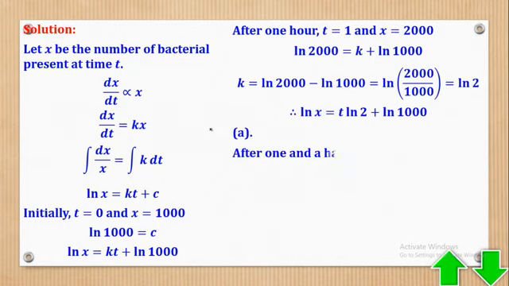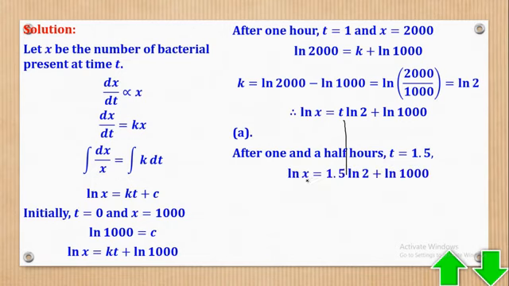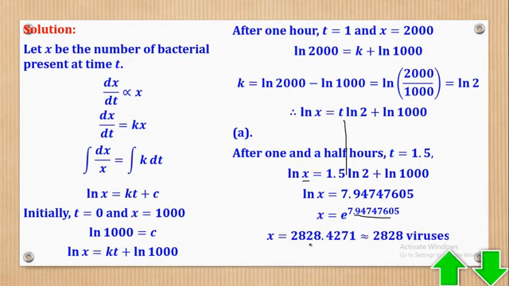So now we can answer the question. Part A, after 1.5 hours t is equal to 1.5. Therefore come and substitute for t and look for a way of getting the value of x. So take the exponential of this, therefore use the calculator to come up with that. As a whole number, it will be 2828.